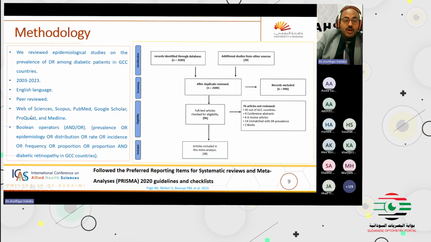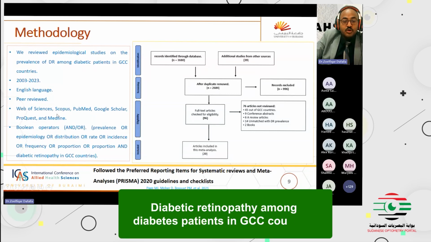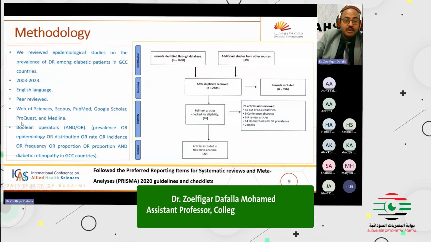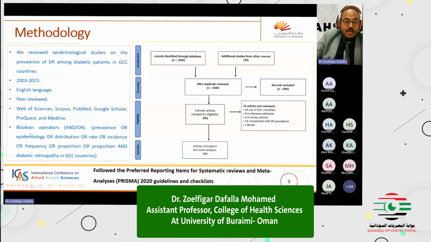We used peer-reviewed English language studies between 2003 and 2023, and we used these databases: Web of Science, Scopus, PubMed, Google Scholar, ProQuest, and Medline.